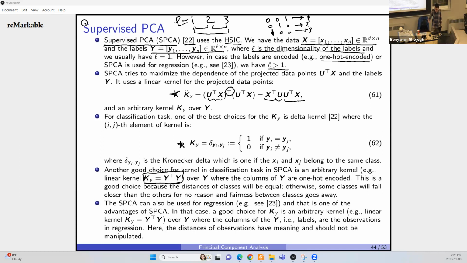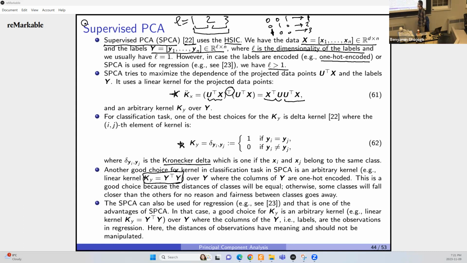When L, the dimensionality of labels, is greater than 1, maybe a linear kernel is good enough. But when the labels are discrete and finite, so it's a classification problem, then it's good to use this kind of kernel, which is called Kronecker delta, right?